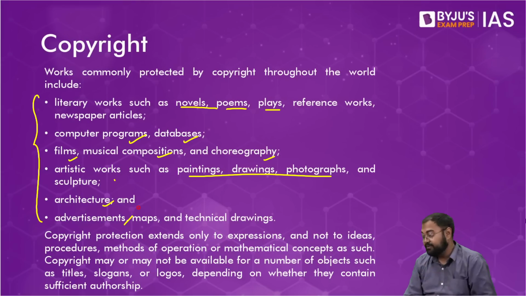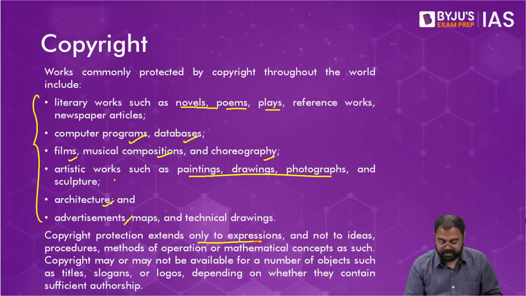But copyright will be given exclusively only after the expression has been done. So it will be given only to the expression of ideas and not the ideas themselves. Meaning that, let's say if I write a book, only after I've completed the book can I go and ask for a copyright.